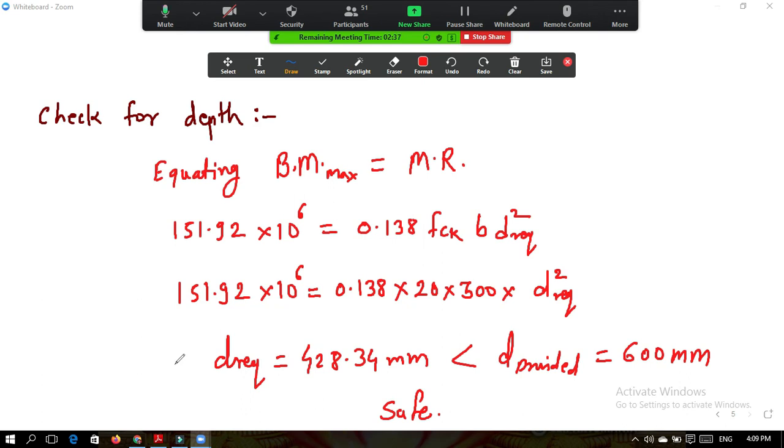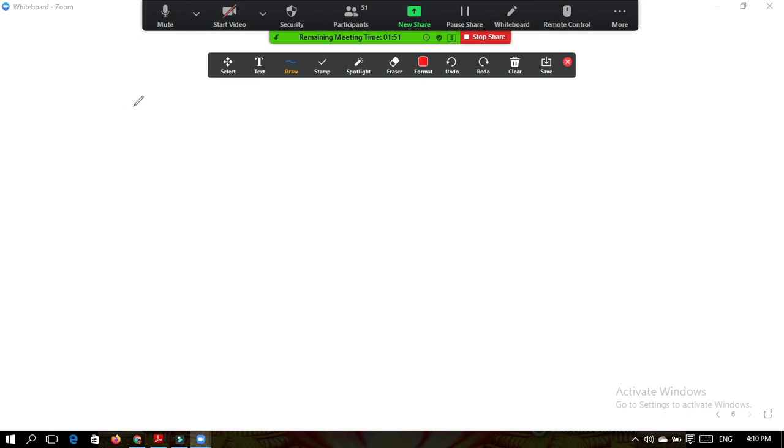Take the maximum positive bending moment and design the steel for that. Now therefore, Mu is equal to 131.4 kilonewton meter. So AST, area of steel.